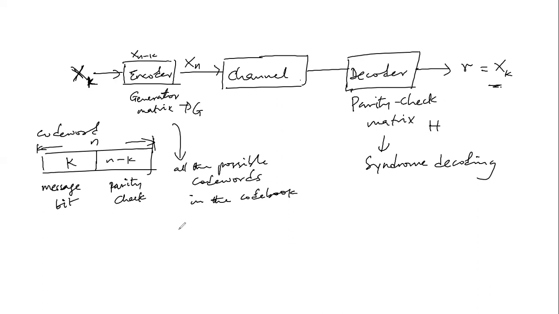So now let's say here the generator matrix is described as the identity matrix and the parity check matrix. Now, the parity check matrix is more like the inverse of this exercise, okay?